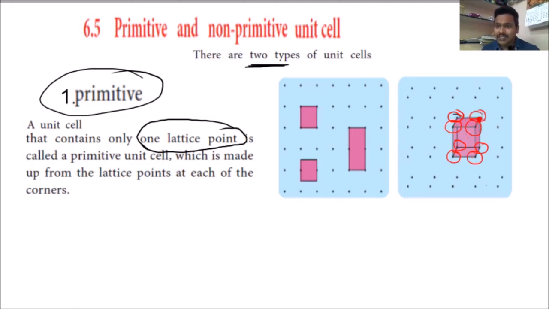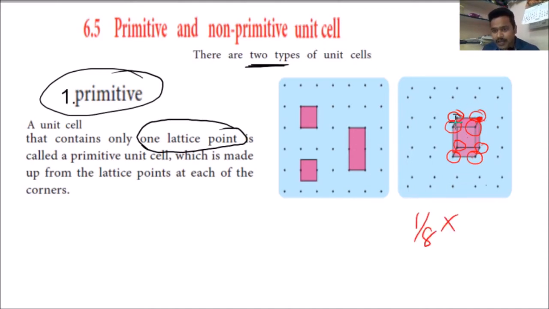So an atom present at the corner is shared by 8 cubes in total. So this cube gets a share of 1 by 8. This atom is present in this cube, how much part? 1 by 8 part.